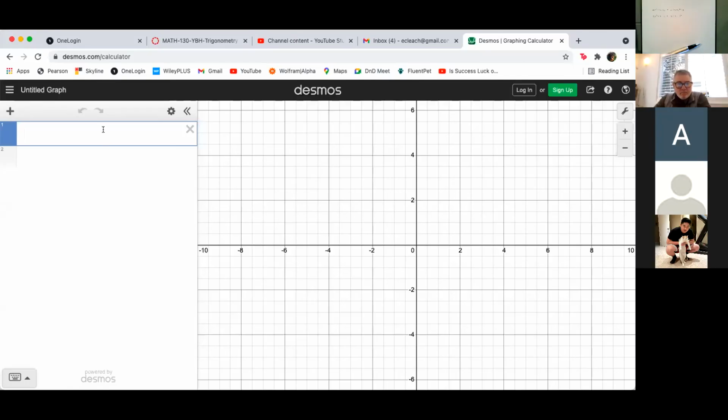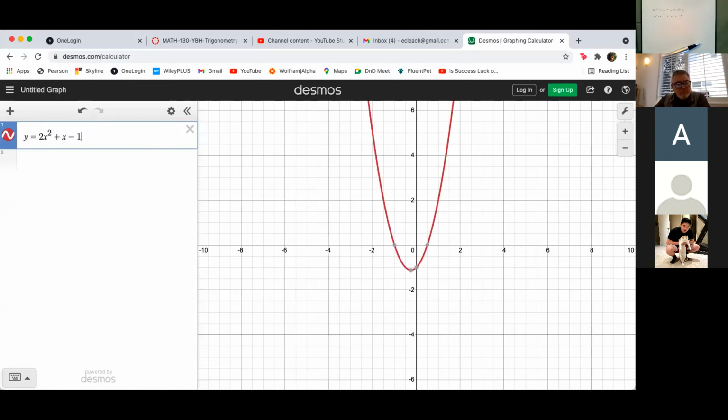So if we look at y equals 2x squared plus x minus 1, we can see the vertex down here at negative 1/4 and negative 1.125. I was just doing decimals. Negative 1/4. So x minus a negative 0.25 minus 1.125.